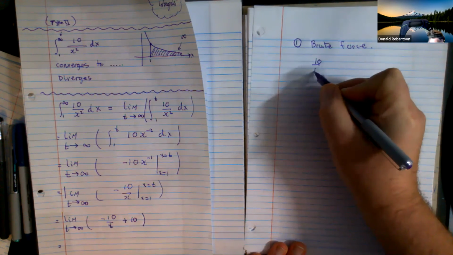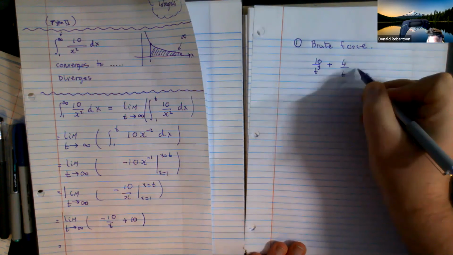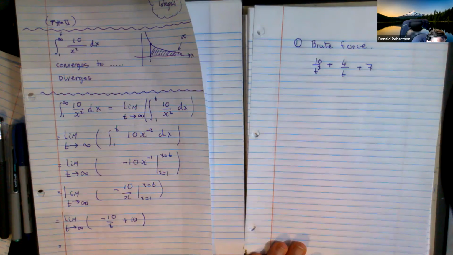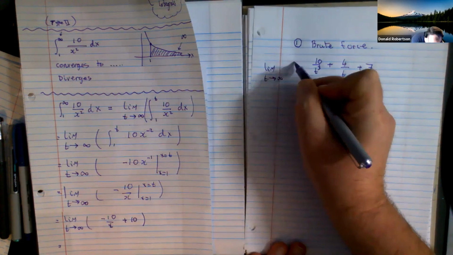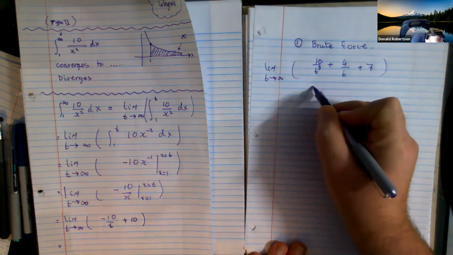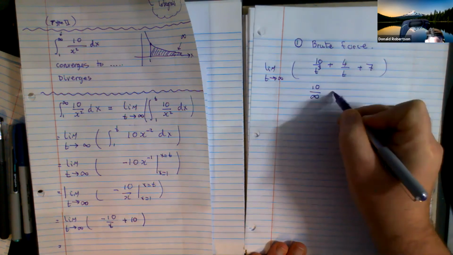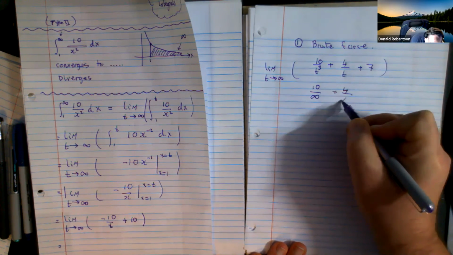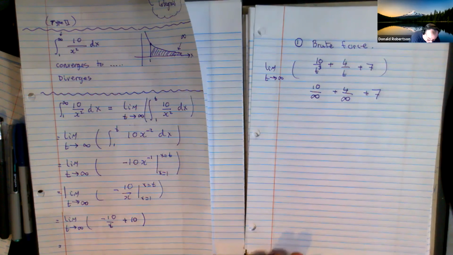10 over t cubed plus 4 over t plus 7. Now, if I did the limit as t tends to infinity of this, I would get 10 over infinity cubed, which is just infinity, plus 4 over infinity, plus a 7. Agreed? And here's the clever part.